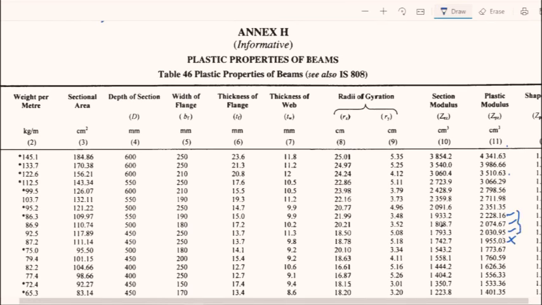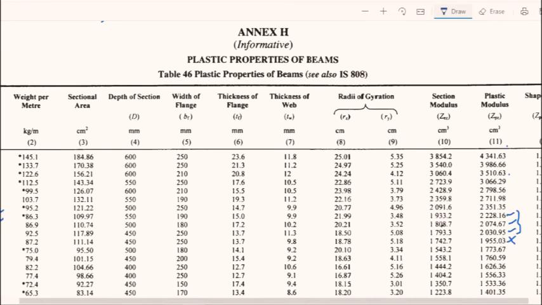I mean, I could use this ISLB 550, ISMB 500, or ISHB 450. And as I told you, when the depth is more, that implies that a greater amount of material is away from the neutral axis, and that is what I want.